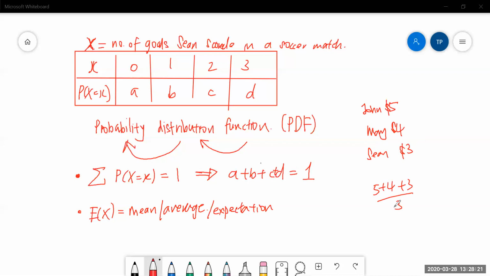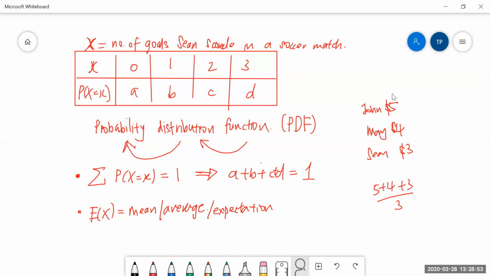But this is no longer true at your level. Because for every amount that John brings to school, there's a probability tied to it. He can bring $5 today, but tomorrow he may be bringing $4, the day after he may bring $3. We don't know. So we can no longer use this way of calculation for mean, or rather average, or rather expectation.